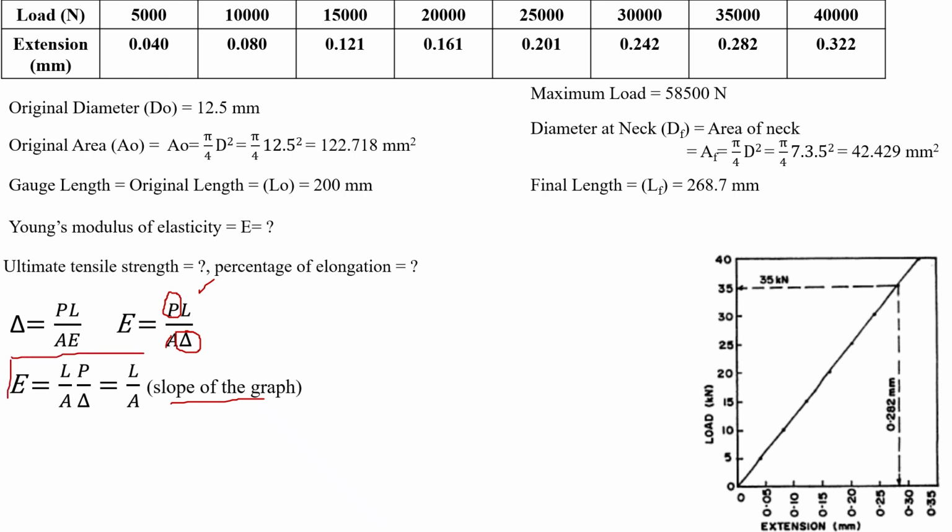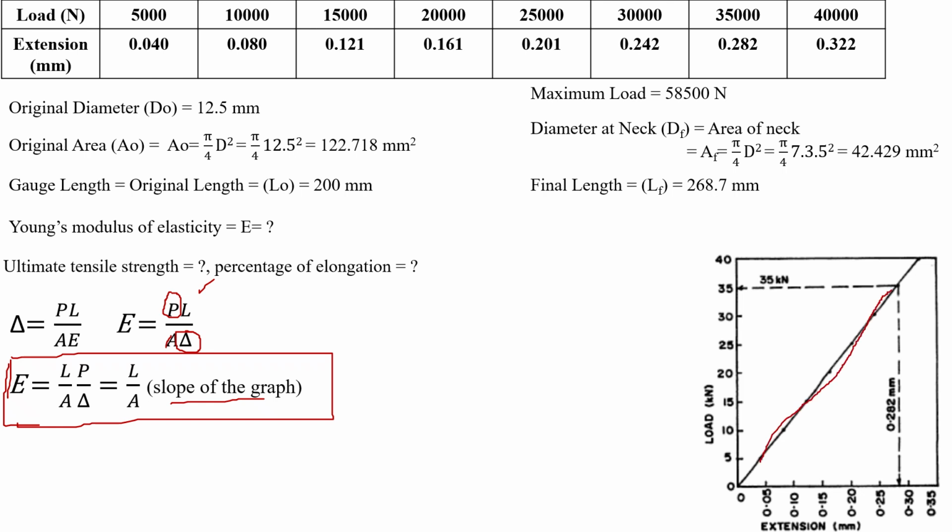So this is one formula we have to remember. Sometimes we can determine it with the help of the graph using this formula: Young's modulus E equal to L by A into slope of the graph. For the slope of the graph, observe the graph: up to 35 kilonewton the graph is linearly varying.